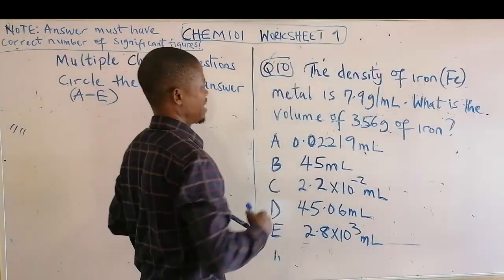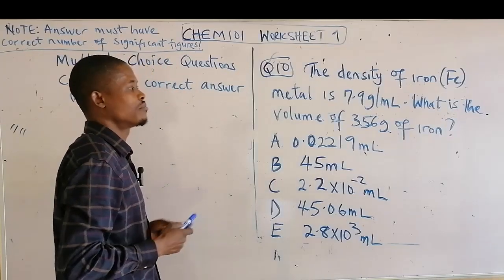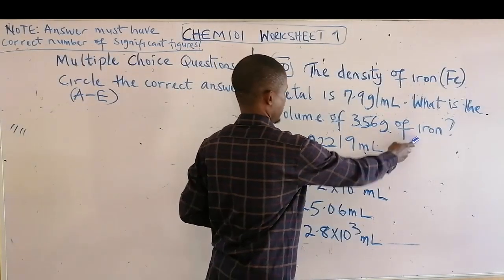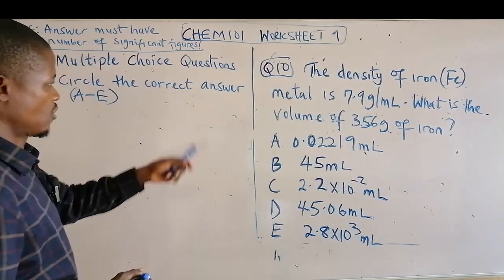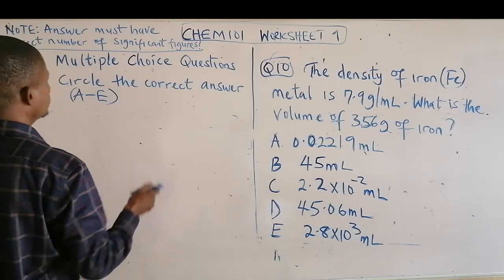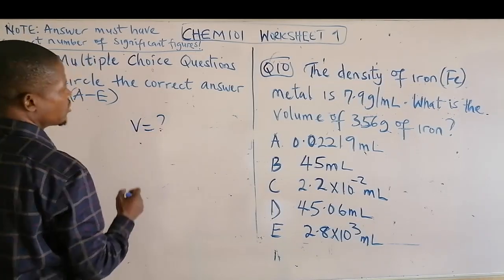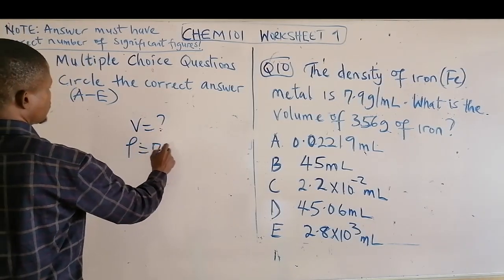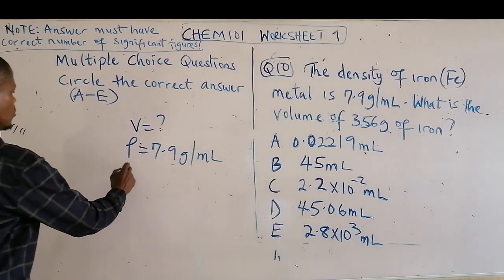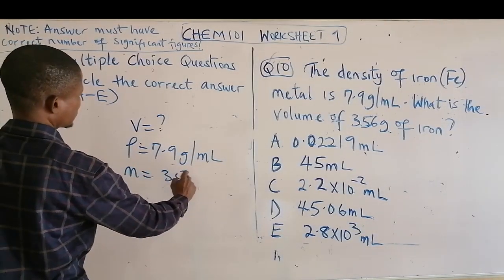The density of iron metal is 7.9 gram per milliliter. What is the volume of 356 gram of iron? And we have the options. Okay, so let's look at the solution to that. We need volume. Volume we don't know, but we know the density is 7.9 gram per milliliter. And we have the mass also. The mass is 356 gram.